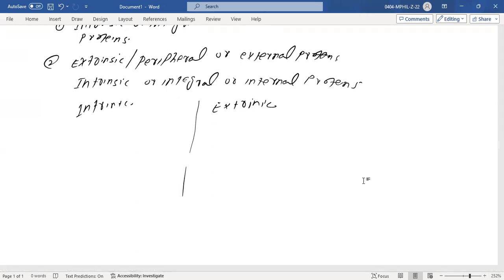So intrinsic proteins are those proteins which are embedded in the plasma membrane, right? Because these are intrinsic.